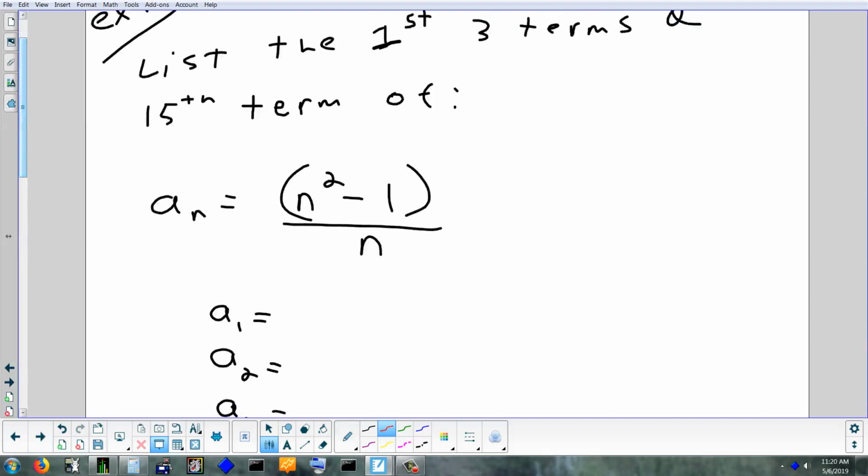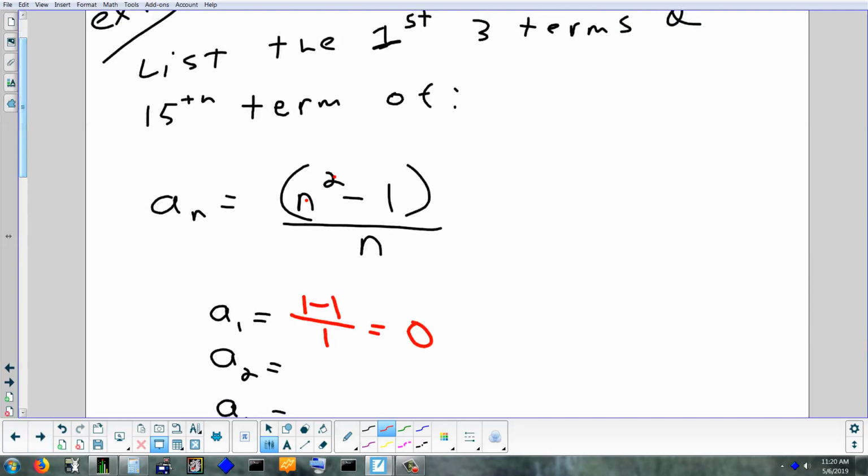Right? So Kaya, if I want to know the first term, what would I plug in for n? 1. Yeah. And if I do that, I'm going to get 1 squared, which is how much? 1. Minus 1 divided by 1. Right? So Gabe, if I fill in 1 for n, what do I get? 0. Yep.